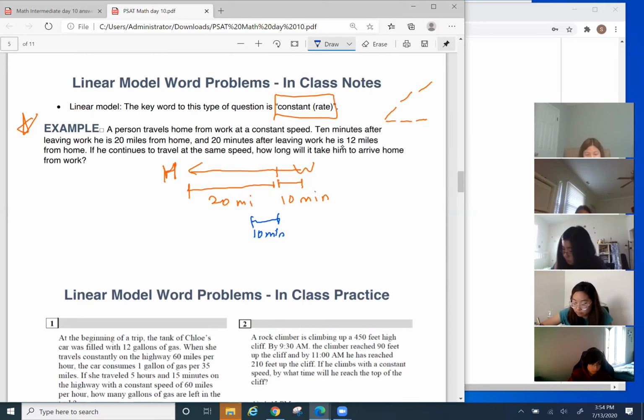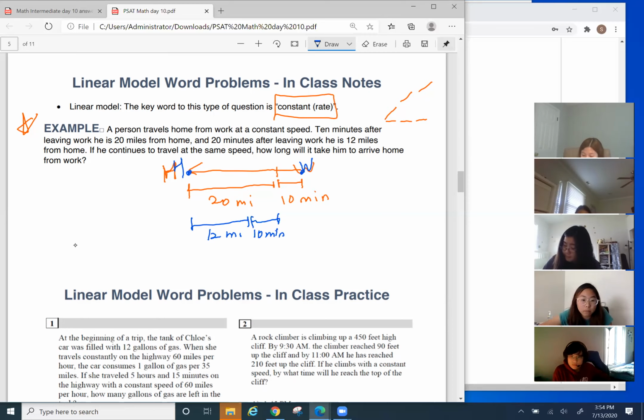He is now 12 miles from home. So now the distance left over here is 12 miles. Does everything make sense so far? Here's work, and here's home. How long will it take him to arrive home from work? So you're finding the time, okay?